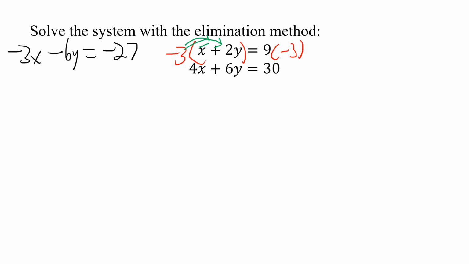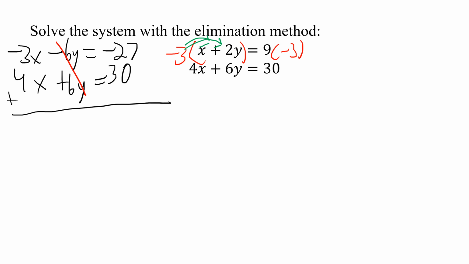All right, then we have to rewrite the bottom equation. So 4x plus 6y equals 30. Now what we have to do is we have a positive 6y and a negative 6y. We can cancel that out. We also have a negative 3x and a positive 4x.